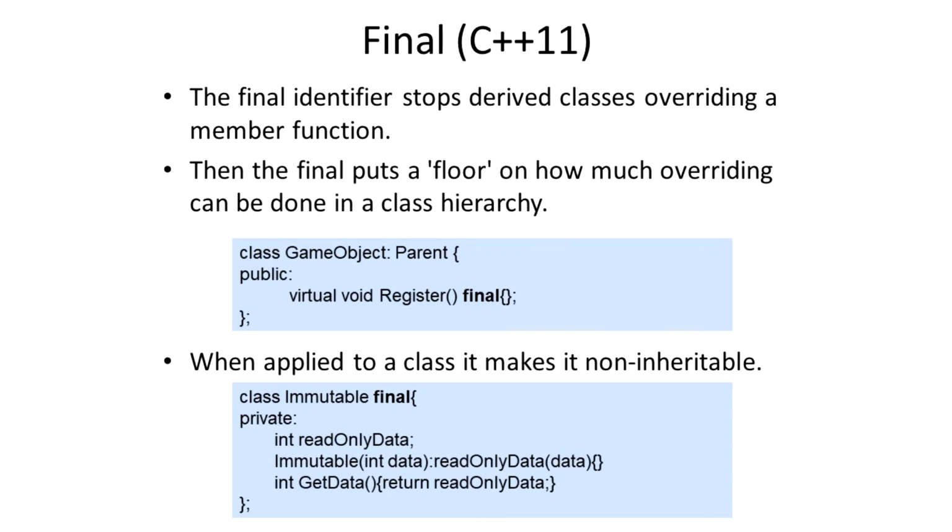Okay, so the keyword final actually prevents overriding in that context. And if you apply the keyword final to a class, that actually makes that class non-inheritable, meaning that other classes cannot inherit from this class declared final.